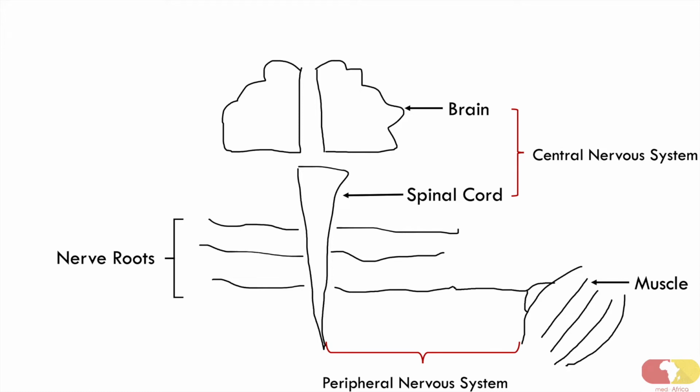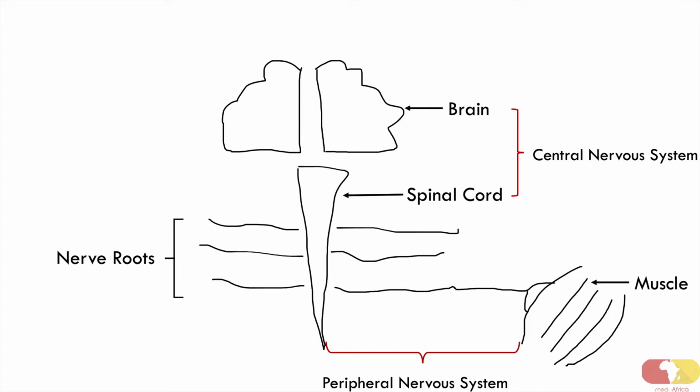So anything happening from just outside the spinal cord to the end organ will be called the peripheral nervous system. And nerves or neurons in the peripheral nervous system will be called lower motor neurons.